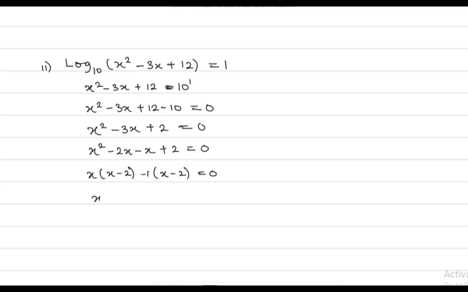So we have x minus 2, x minus 1 being equal to 0. We have x minus 2 being equal to 0, or x minus 1 being equal to 0. So we have x being equal to plus 2, which is 2, or x being equal to 1.